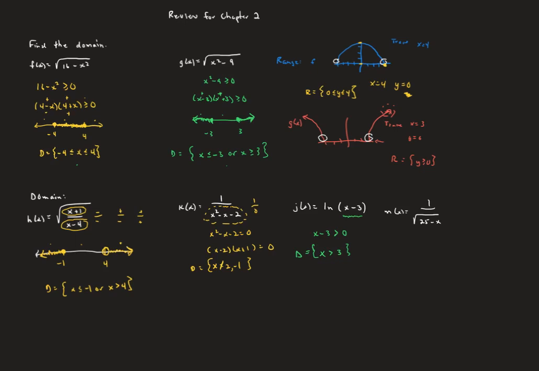We can't have a negative inside the radical, but we could be 0 and still have the square root defined, but because that's also in the denominator, it can't be 0 either. So we're going to get that 25 minus x must be strictly greater than 0. And if I add the x to the other side, we're going to get x is less than 25 for our domain.